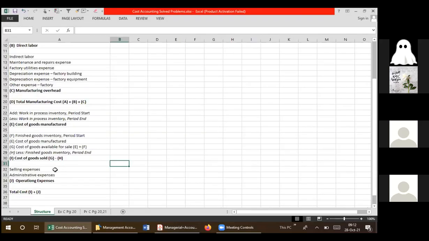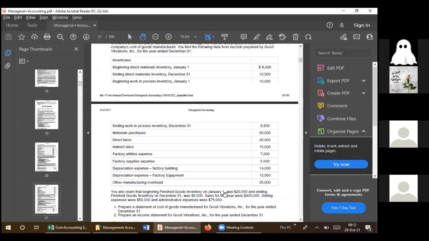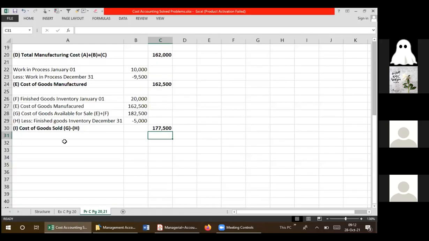Next, we'll add operating expenses to it. So all the operating expenses we can find. In our problem, we just have selling expense and administrative expense at the bottom here. Selling expense 50,000, administrative expense 75,000.